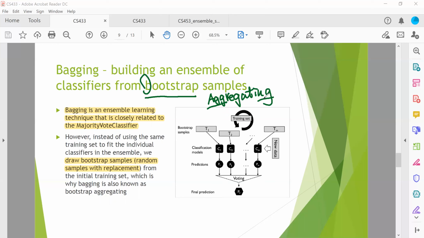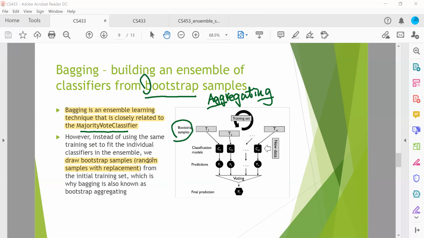It's closely related to the majority vote classifier. And what is bootstrap aggregating? It does bootstrap samples.